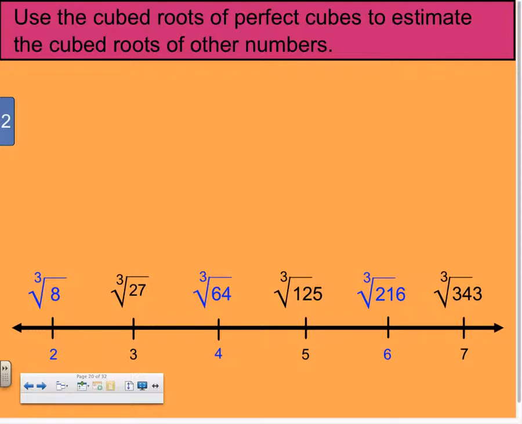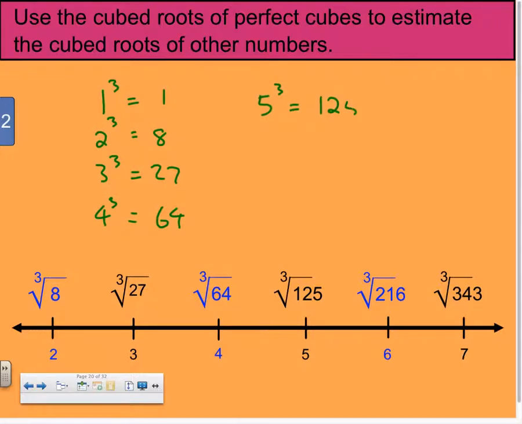I know that if I start with my counting numbers, our natural numbers, 1 cubed is 1. 2 cubed is 8. 3 cubed is 27. 4 cubed is 64. 5 cubed is 125. 6 cubed is 216, and so on and so forth.